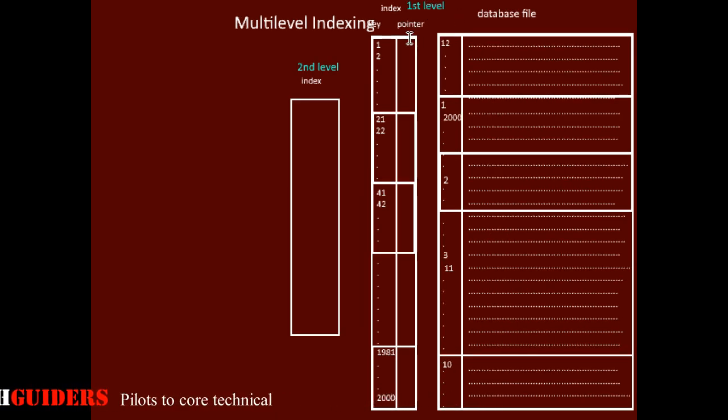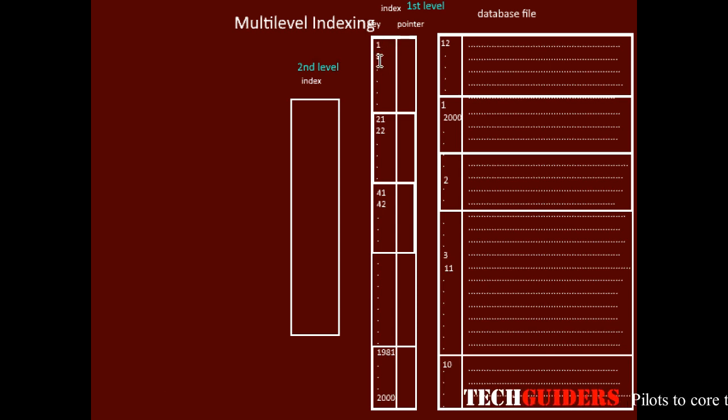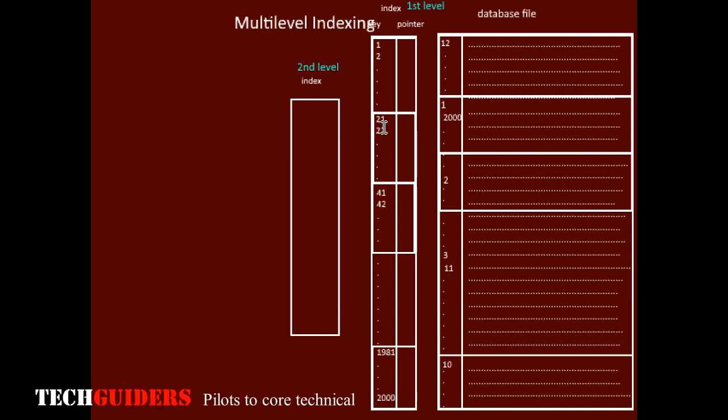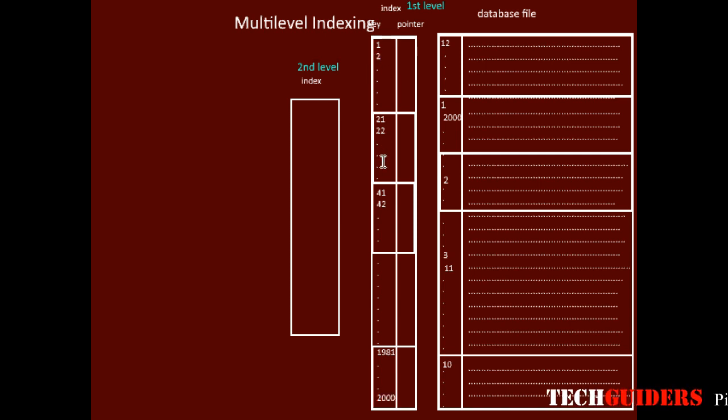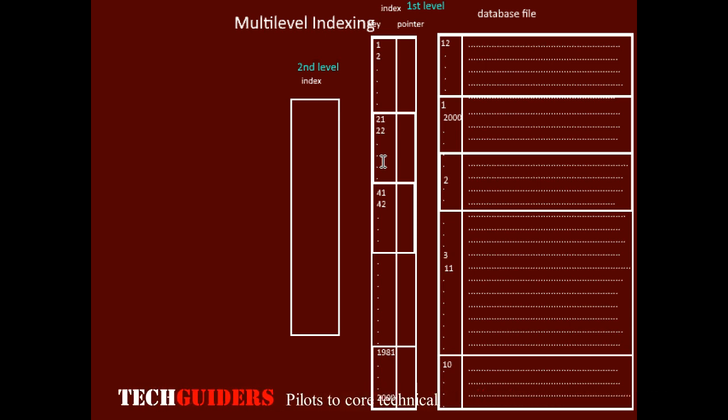This first level index can be a primary index, a clustering index, or a secondary index, but the condition is the key value should be unique within each entry of the index. If the index is a primary index, then of course the key value will be unique for every index record, but if it is a clustering index, it may not happen.